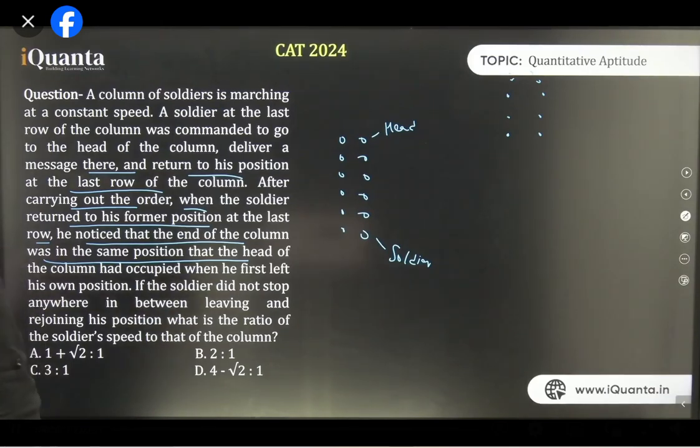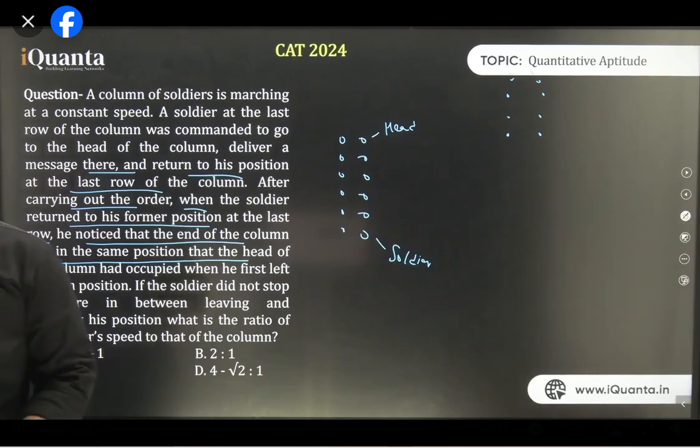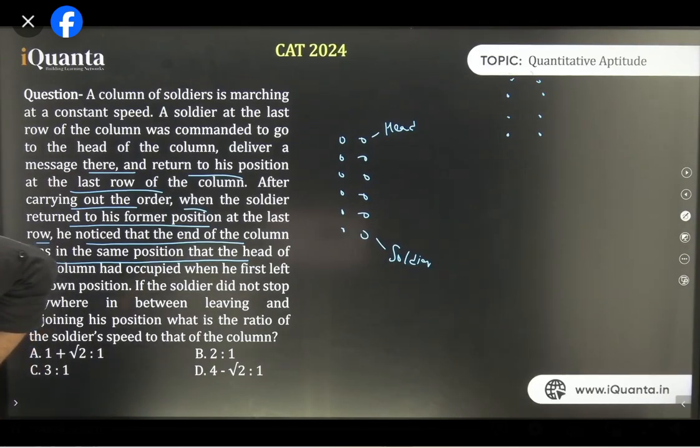Yes or no? Is that right? So now people who felt the question is not clear, the question must be clear now. Now I'm giving you 30 seconds more, all of you, try to solve it.